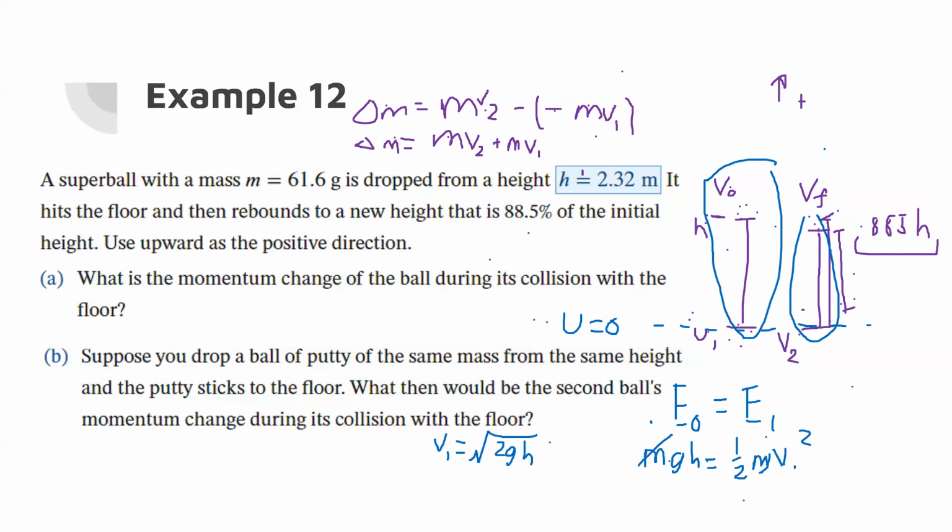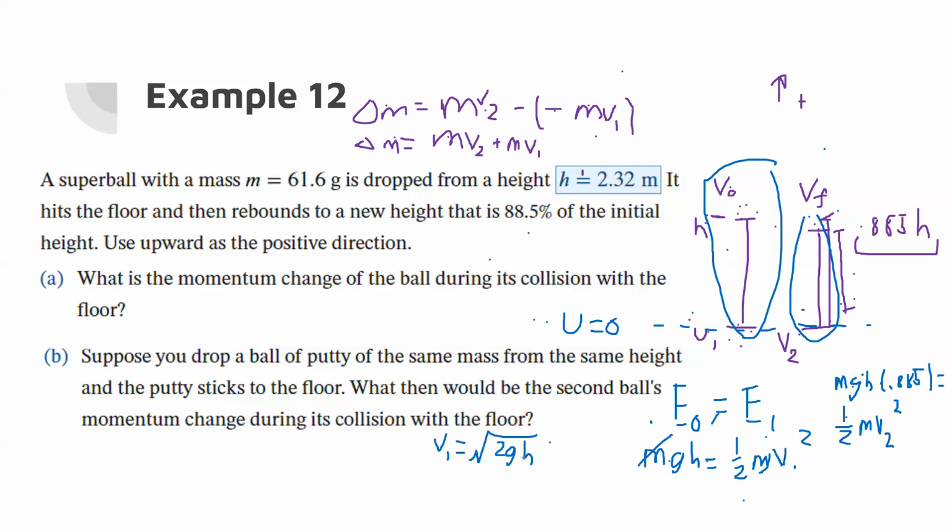I can do the same with this, except now it's going to be mgh times 0.885 is equal to 1/2 m v2 squared.